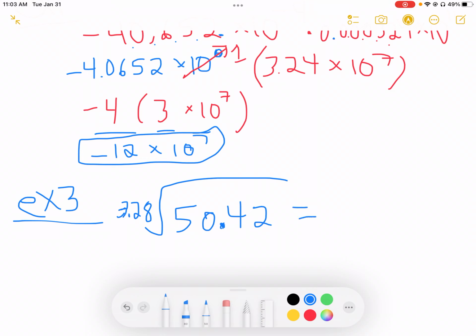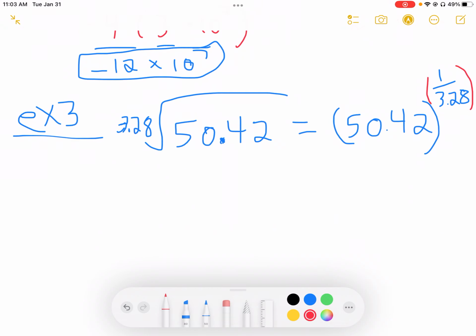Okay, it's going to be 50.42, and then it's going to be raised to the 1 over 3.28. Okay, and you can go ahead and plug that in your calculator. When you plug it in your calculator, be very careful, right? Do 50.42, and then you can raise it. But then when you raise it, I'd put parentheses around that raised part. Okay, just to make sure that your calculator doesn't raise it to the 1 and then divide it by 3.28 or whatever, right?